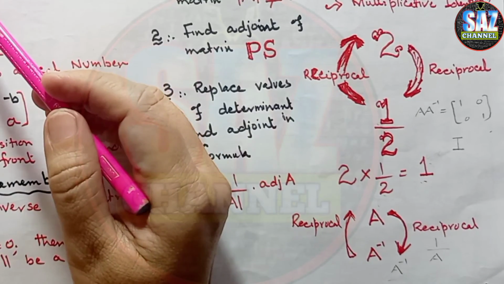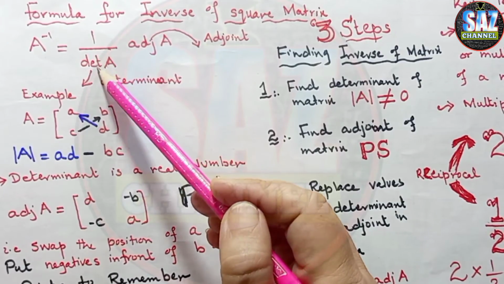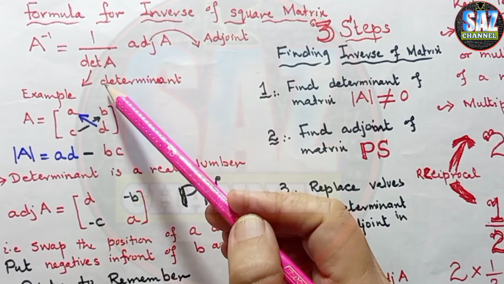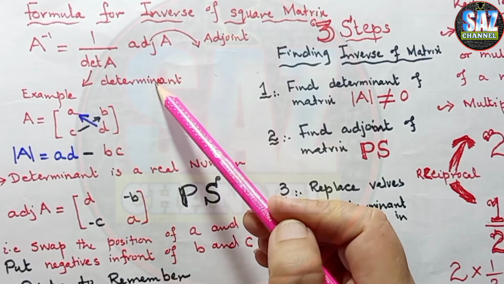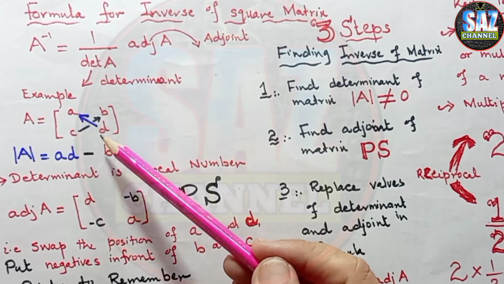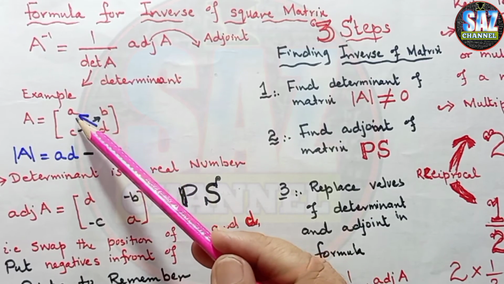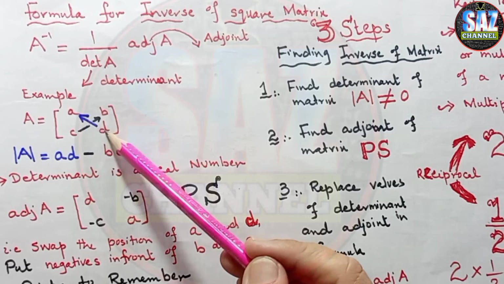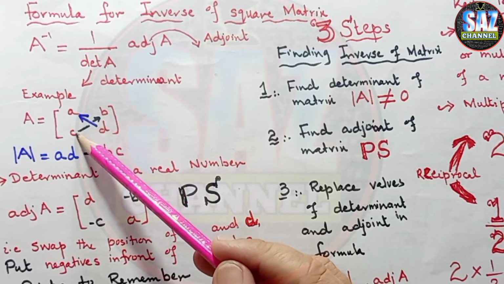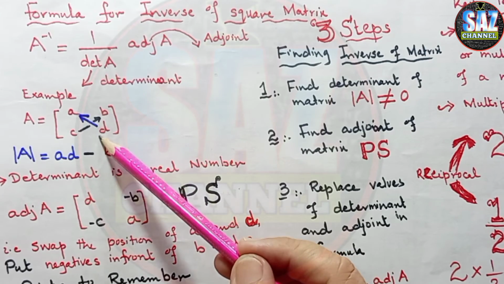The formula for the inverse of the matrix is A inverse equals 1 over determinant of A into adjoint of A. Now, let's understand how to find the determinant and adjoint. For the determinant, if we take a matrix A, B, C and D, we take the product of the main diagonal entries, then the product of the other diagonal entries, and we subtract them.